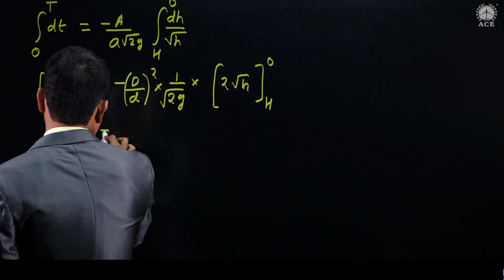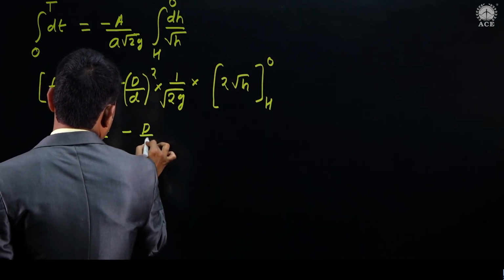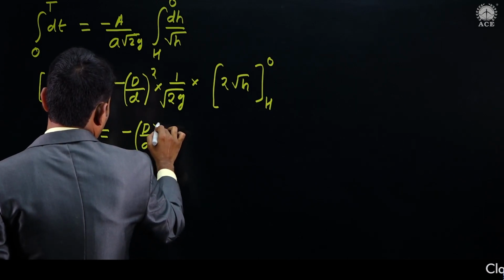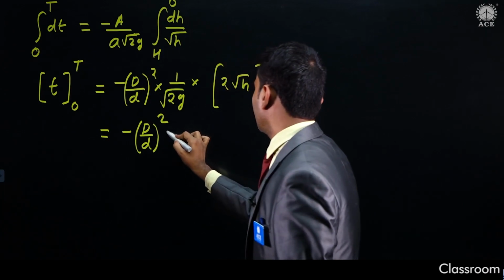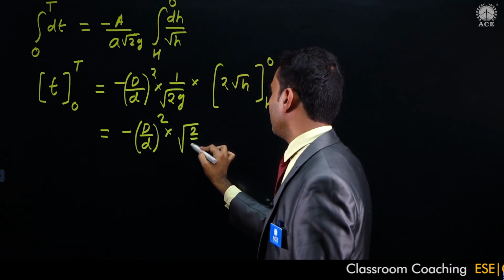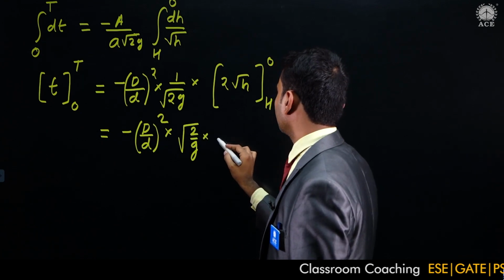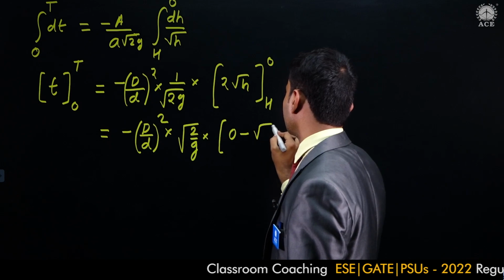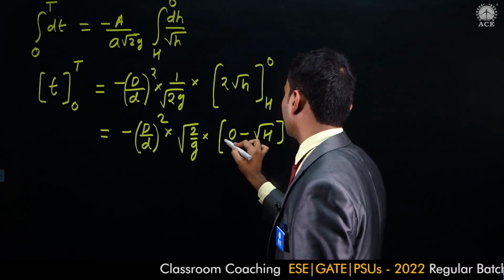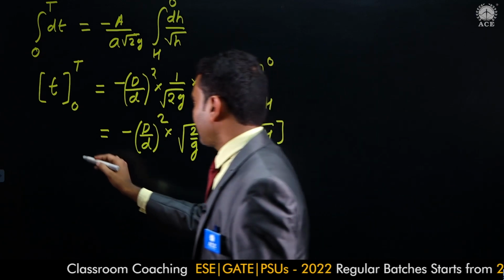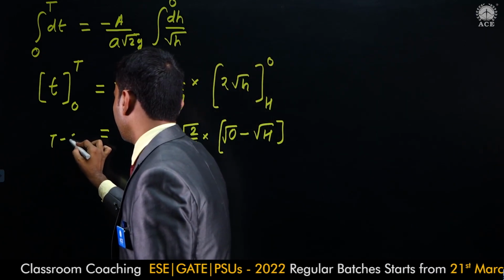So this is equal to minus capital D divided by small d whole square, into this 2 I will take out. So it becomes 2 divided by root g into root 0 minus root H, right? The left hand side will be T minus 0.